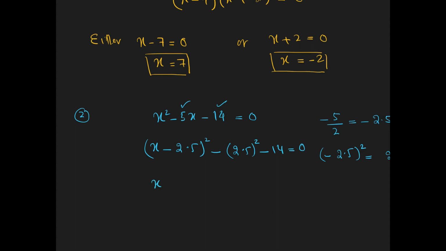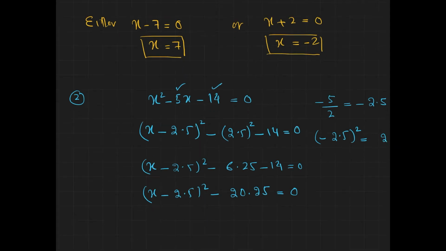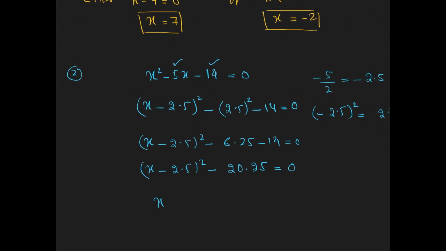So, further simplify it, x minus 2.5 whole square minus 2.5 square is 6.25 minus 14 is equal to 0. Further, x minus 2.5 whole square minus 20.25 is equal to 0, because minus 14 and minus 6.25 gives us minus 20.25, and further we can write it down, x minus 2.5 whole square is equal to 20.25.